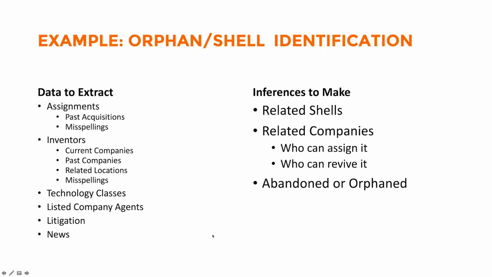So the final example we have, and then we can do some closing here, is that orphan and shell identification. This is just another variation of the problem in front of us here.